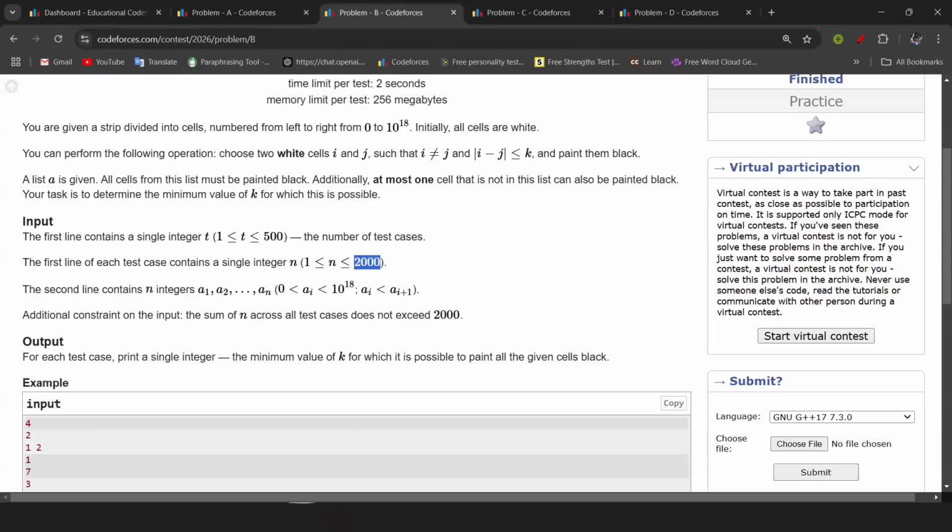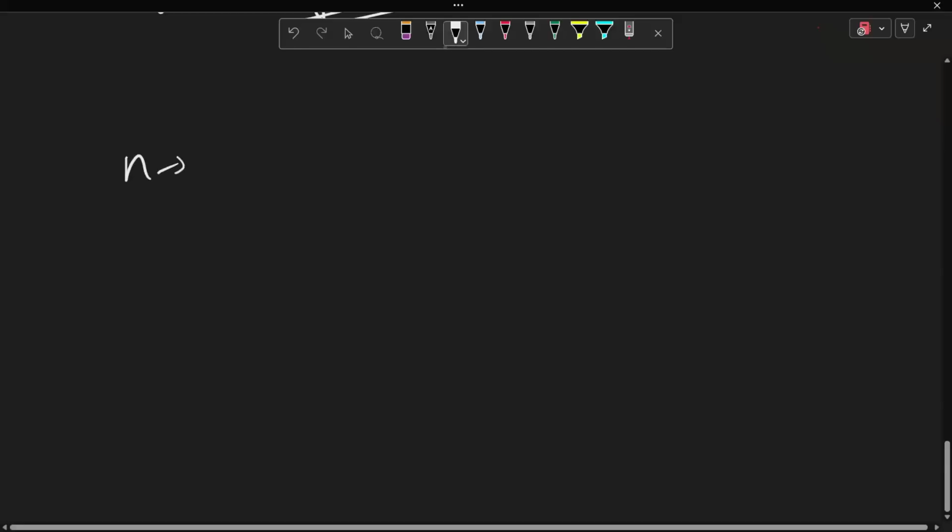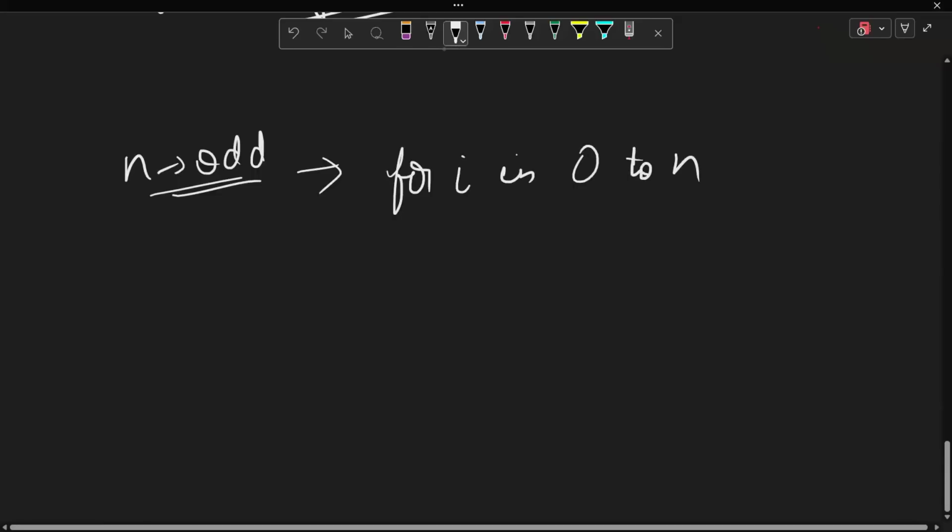So what we would do is, for the odd case, when n is odd, one by one you would assume that every element is left. So one by one you would iterate over every element, and inside this you would assume that i is left, so i is removed.